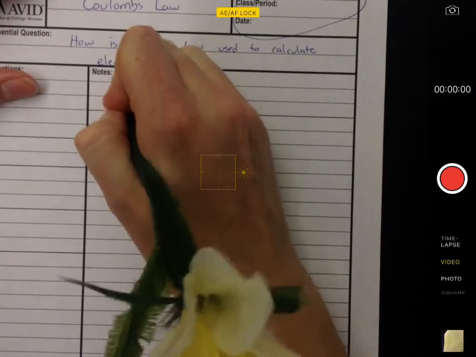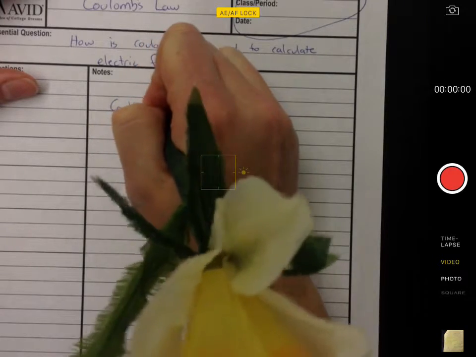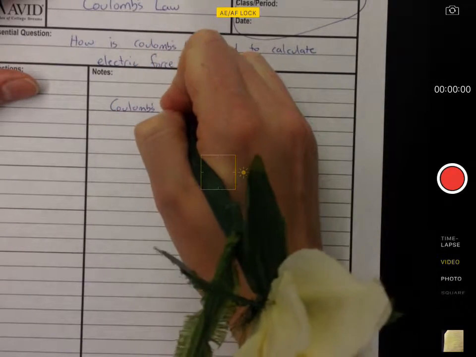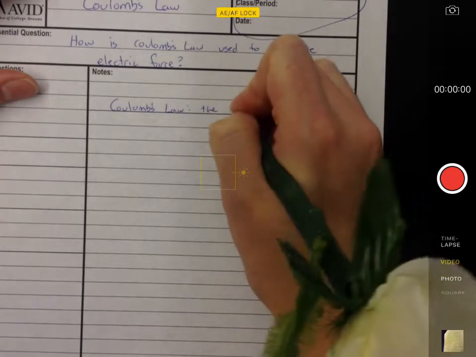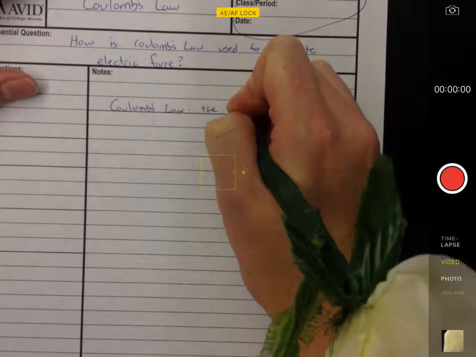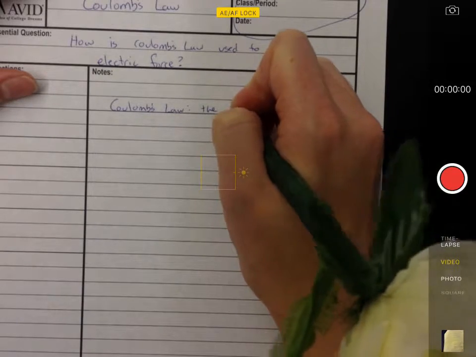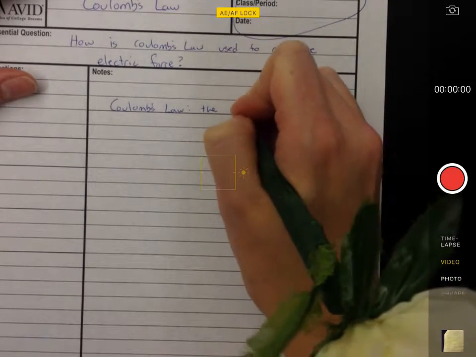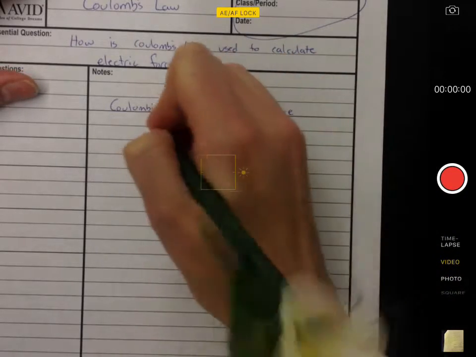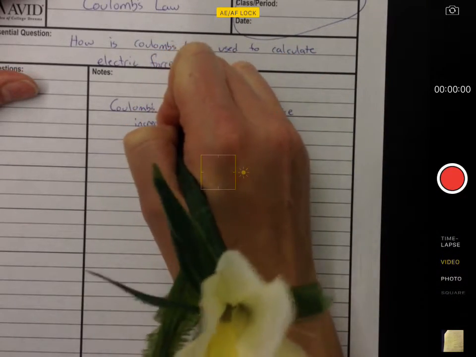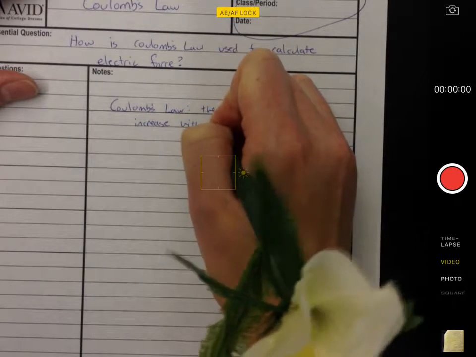So let's review what Coulomb's law says. We talked a little bit about electric force and things that it depends on, Coulomb's law. And then this is the equation that sums it all up. So this is going to be a little bit mathy. Coulomb's law says that the electric force increases with each charge.